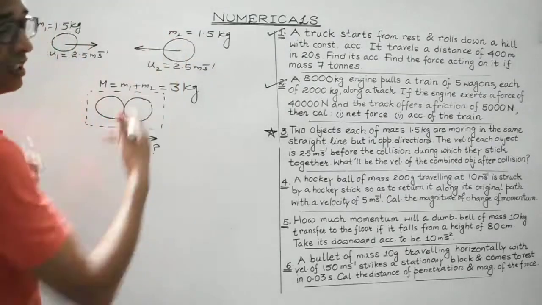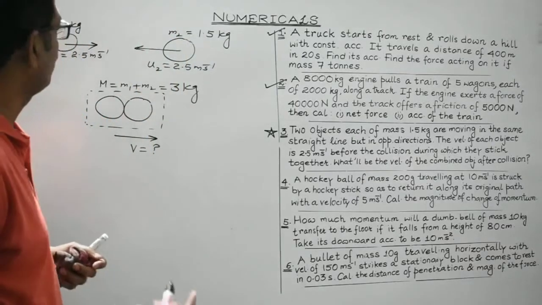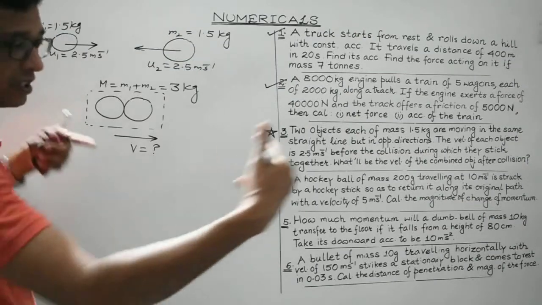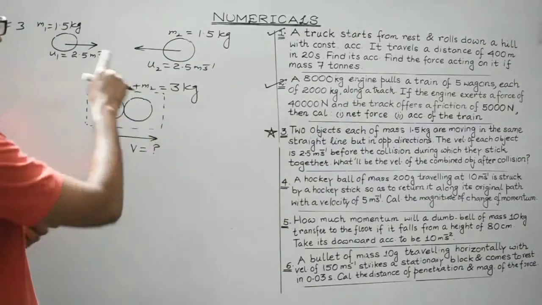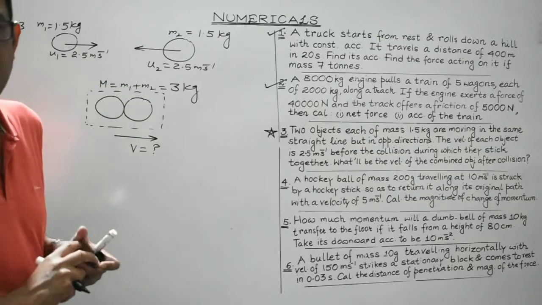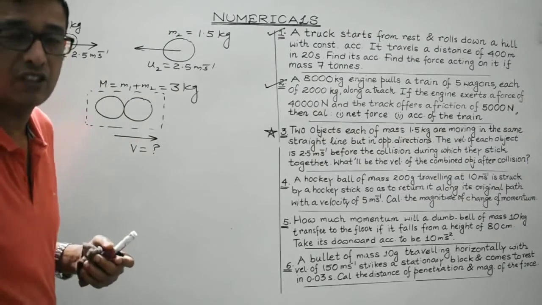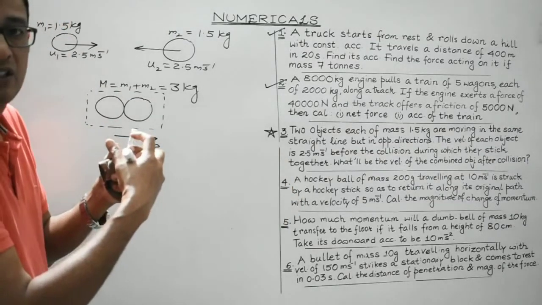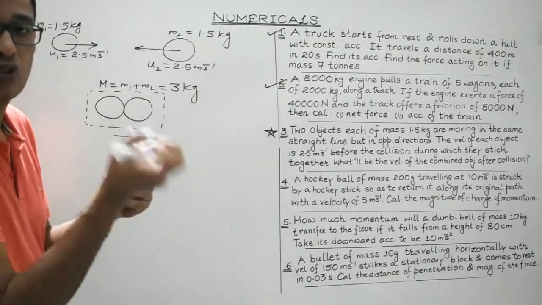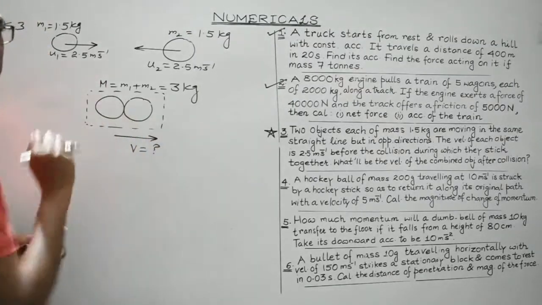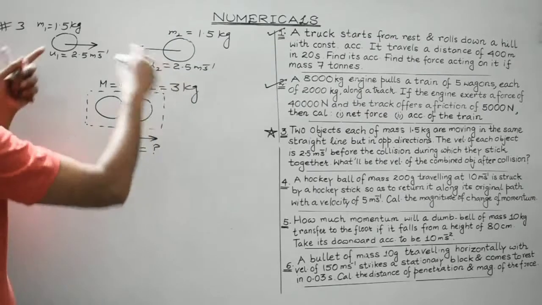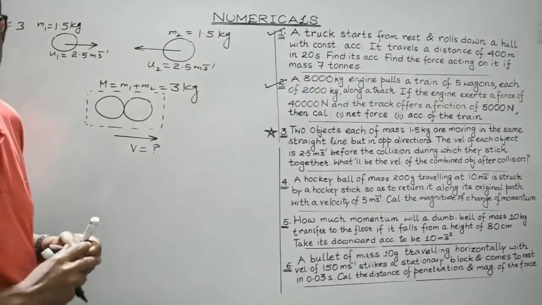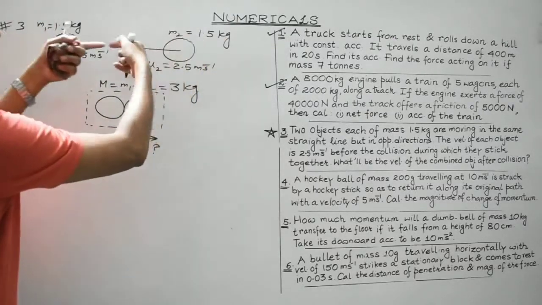So these are the two identical bodies, each of mass 1.5 kg, moving along the same straight path but in the opposite direction, each having velocity of 2.5 meter per second. And in the question it's given that after collision they stick together. So after collision, what will be the final velocity of this combined mass? So students, there is no net external force acting over it. They are exerting force upon each other.